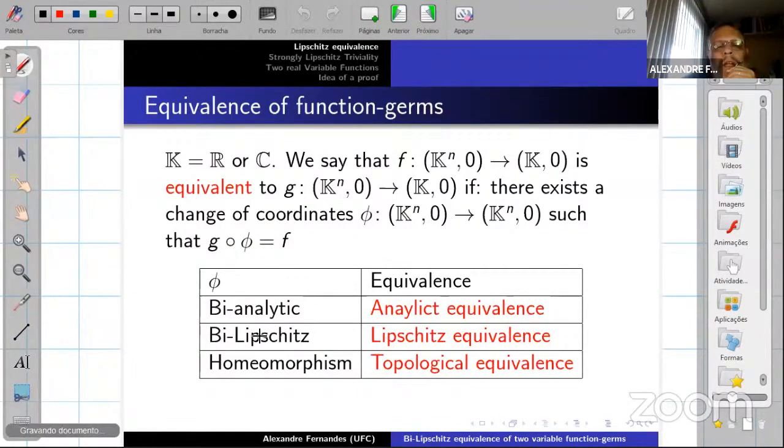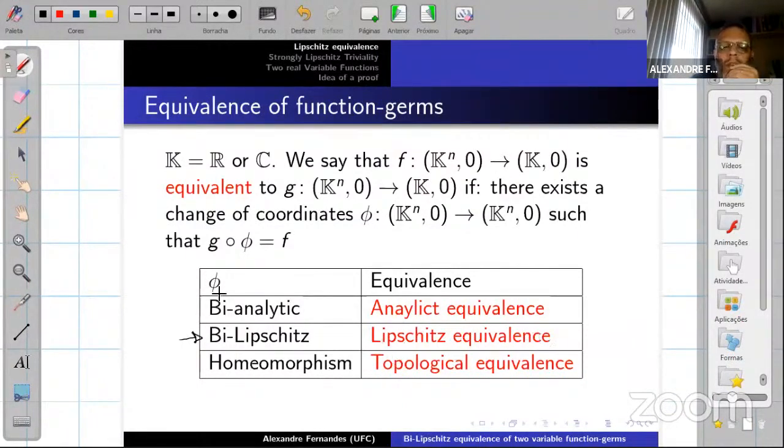When phi is bi-analytic, I mean, when phi is an analytic diffeomorphism with its inverse also analytic, we call this equivalence analytic equivalence. When phi is a Lipschitz map and its inverse is also a Lipschitz map, we call it bi-Lipschitz, and we say this equivalence is a Lipschitz equivalence.